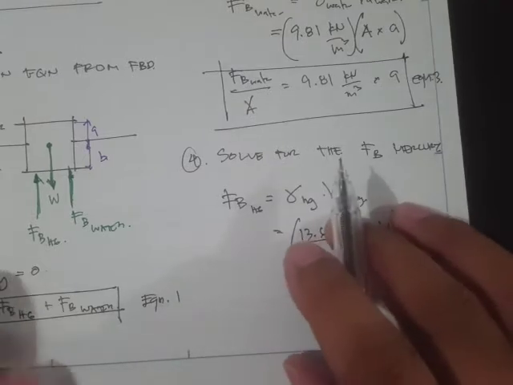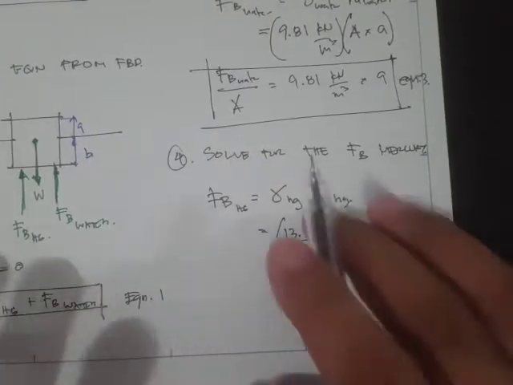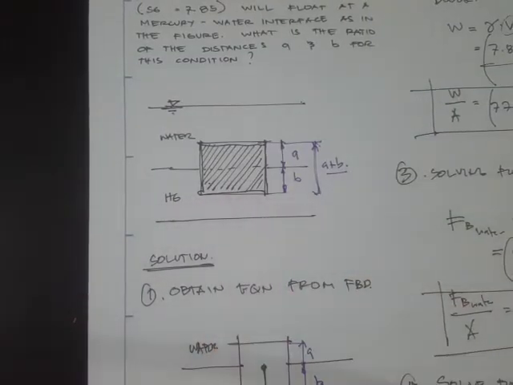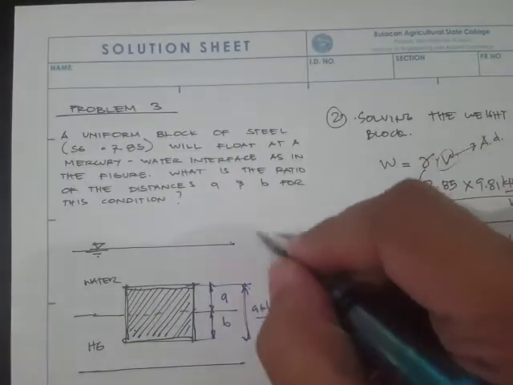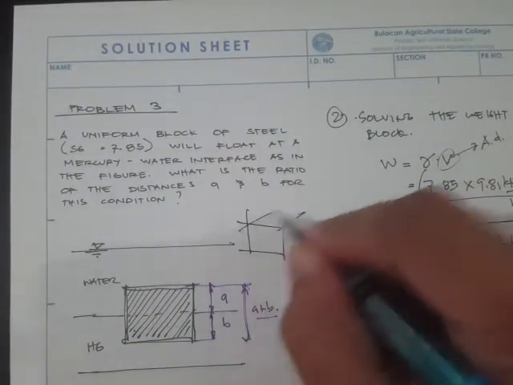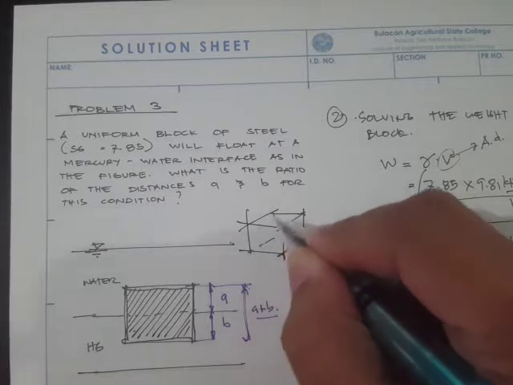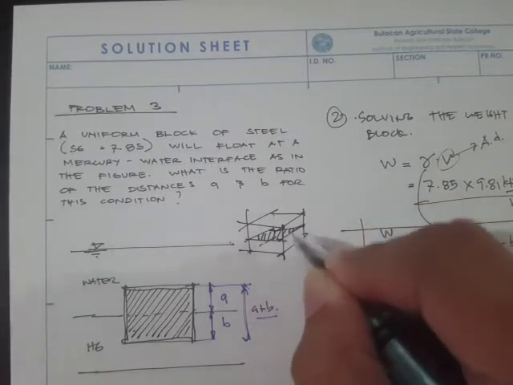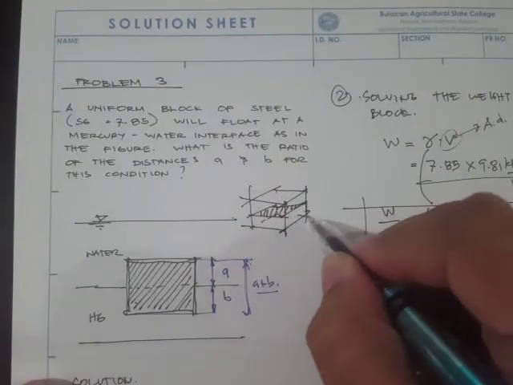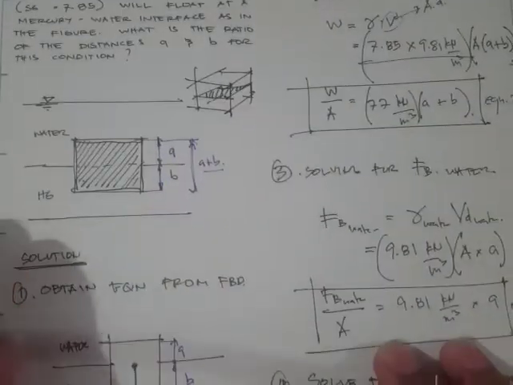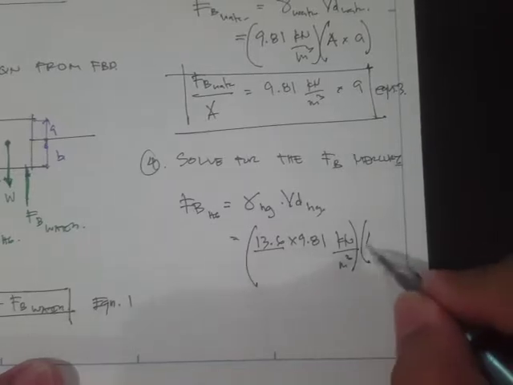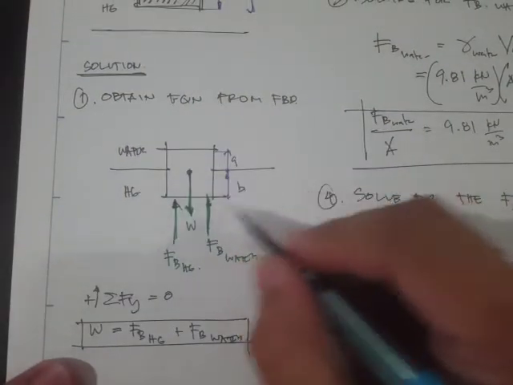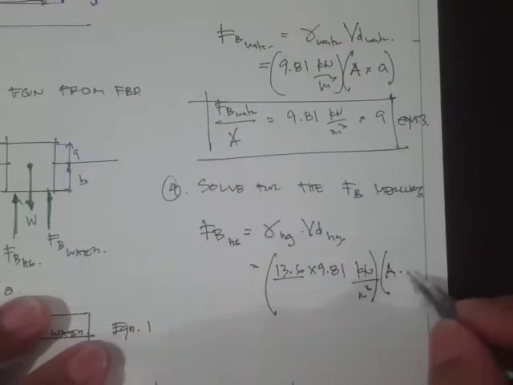And that volume displaced is again equal to the area. If you try to draw a three-dimensional view here, that refers to this area right here. So the area times the depth will give us the volume, but the depth is B, right?